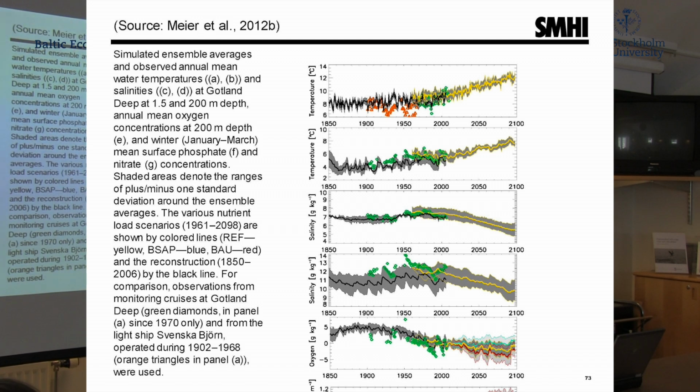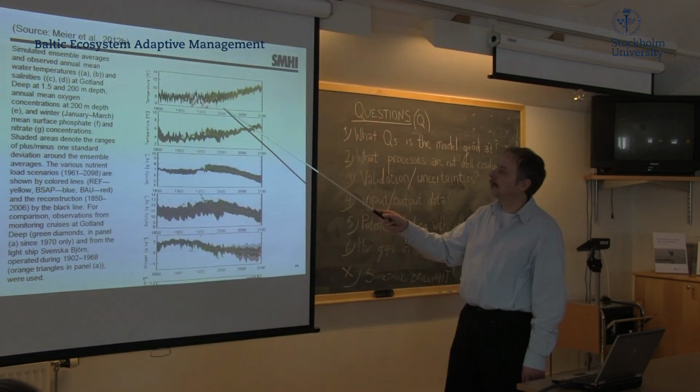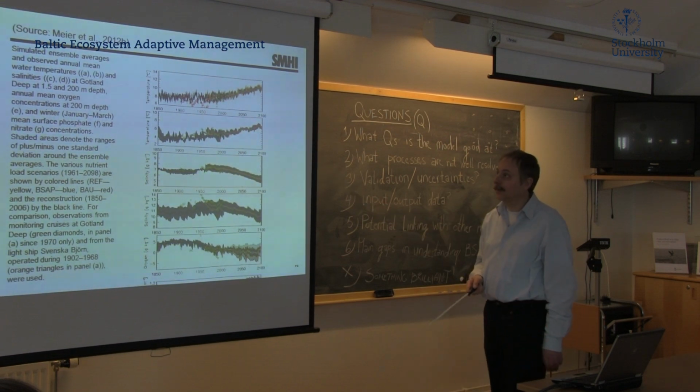It is quite difficult to validate these ensemble means, or the different models at all, because going back in time for the reference period from the 70s onwards, it's possible, and those are the green symbols, somehow hidden in the bunch of curves.